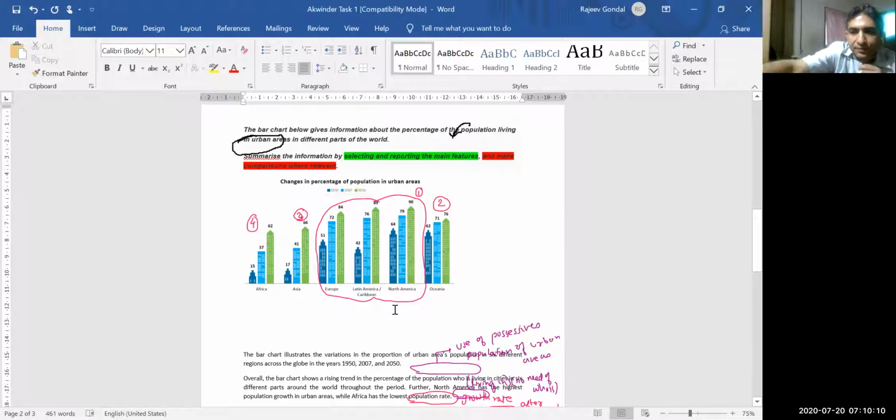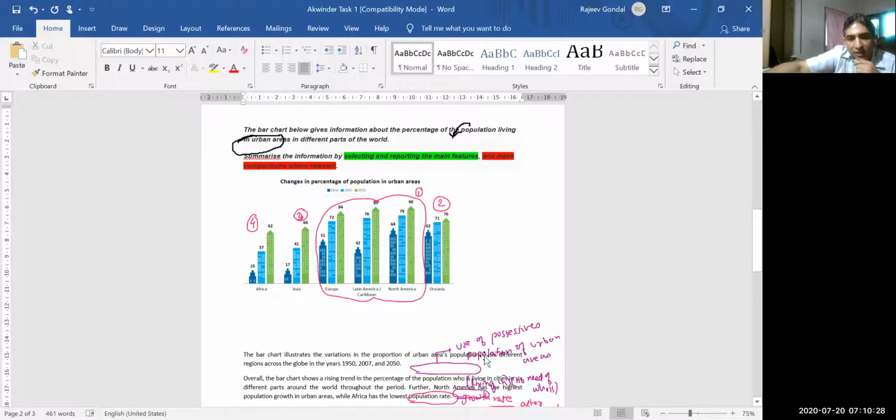Okay, so urban areas population, you can simply say urban population. In the question also, they are not saying urban area, population living in urban area. So urban population is enough. There's no need to say urban areas population. Urban population itself is fine. So in paraphrase, there is a little mistake there in the introduction.